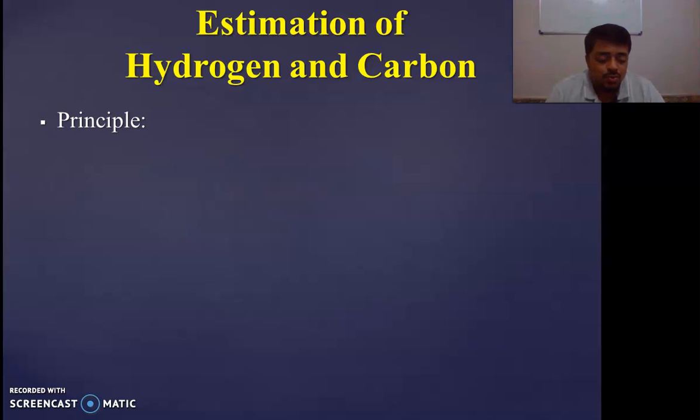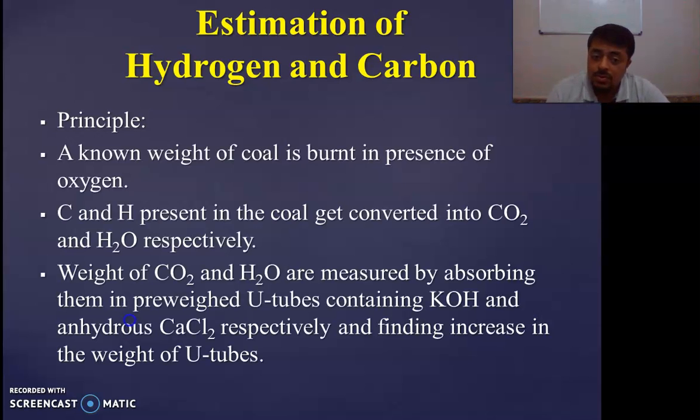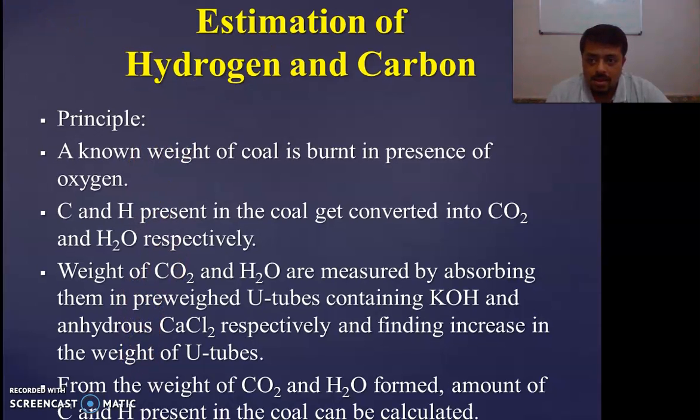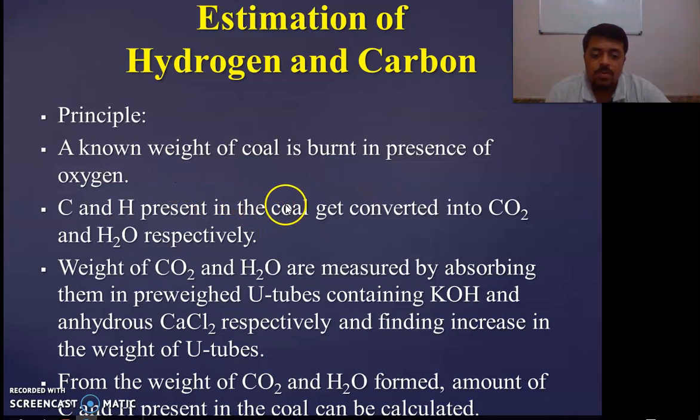These CO2 and H2O are trapped using chemical traps like KOH and anhydrous CaCl2, where we can measure the weight of CO2 and H2O generated. From the weight of CO2 we can calculate the amount of carbon, and from the weight of H2O we can calculate the amount of hydrogen present in the given coal sample.